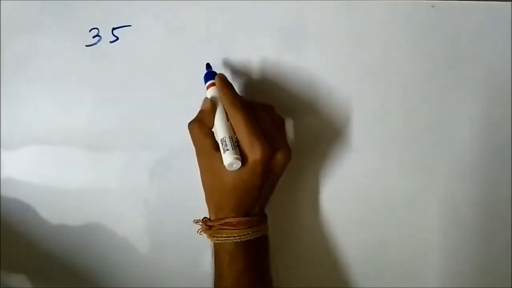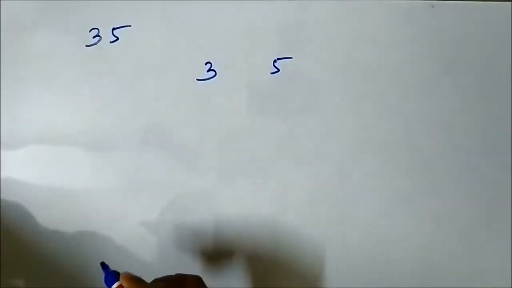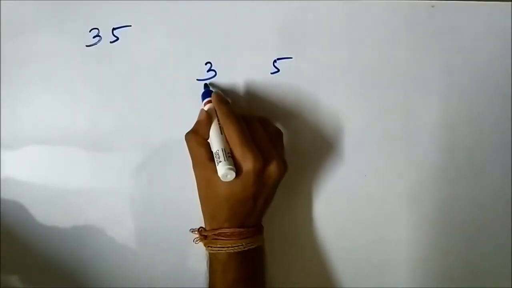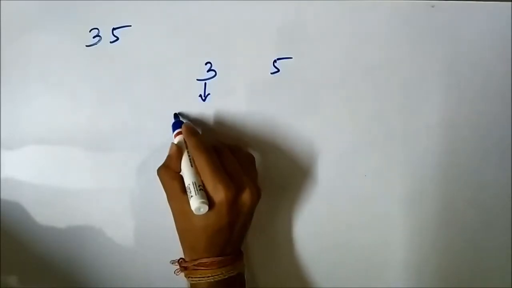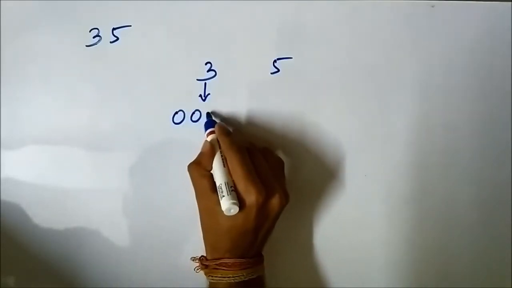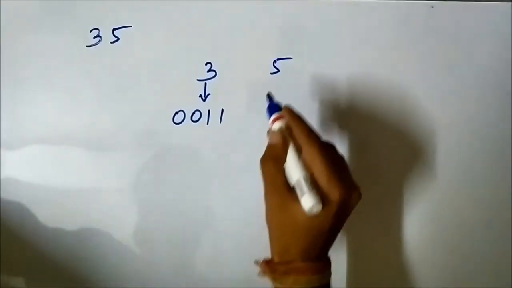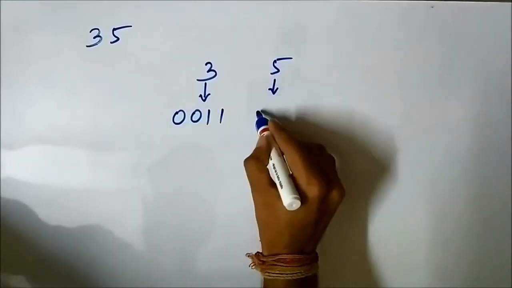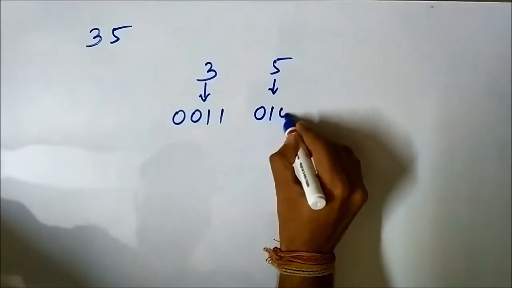So here, number 35. So 3 will be represented using the equivalent 4-bit binary code, which is 0 0 1 1, and 5 will be represented using its equivalent 4-bit binary code, that is 0 1 0 1.